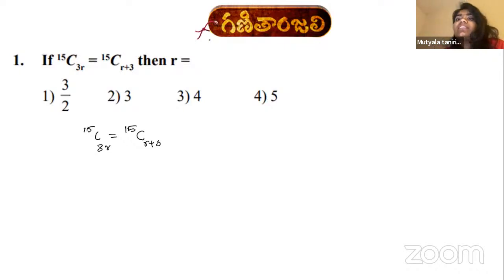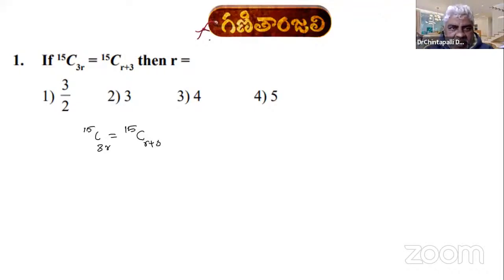So 3r equals r plus 3. Yes, you are right. 3r equals r plus 3, so 3r minus r equals 3, 2r equals 3.